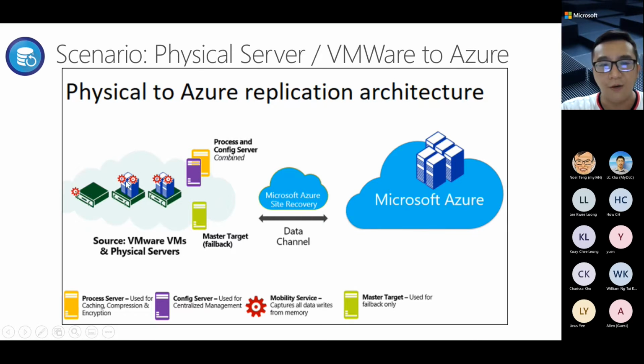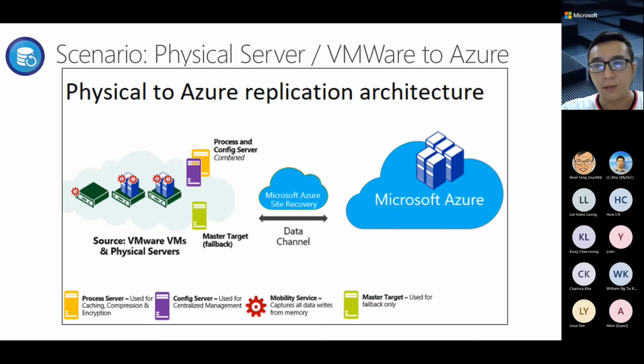In order for this kind of infra to be replicated to Azure Site Recovery, you require a process and a configuration server, and this normally combines into one server. Of course, you can separate it out, but it is not required. For this process and config server, I just found that the maximum supported OS is 2019. 2022 is still not supported.